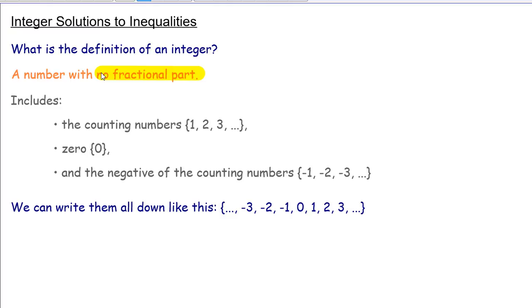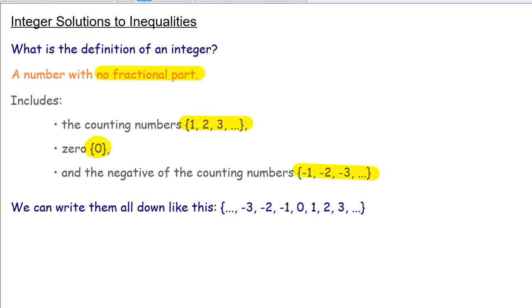Now, integers include counting numbers like 1, 2, 3, 4, 5, 6, 7 to positive infinity. They include 0 as well, and negative counting numbers like -1, -2, -3, up to negative infinity.